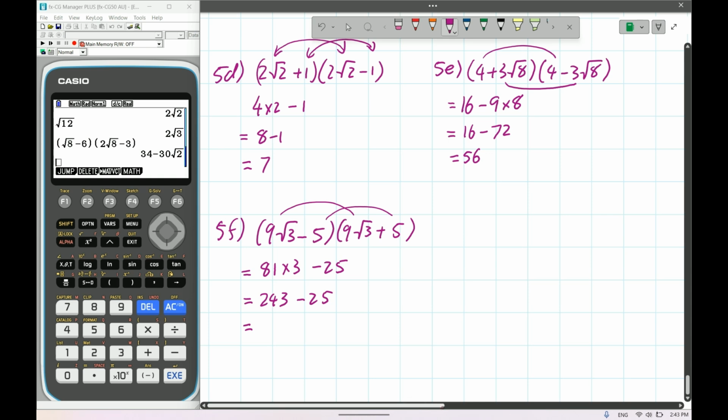And this will become 218, I think. Yeah, cool. So those are the questions from 12A.2. I'll go through the material in 12A.3 in just one bit.